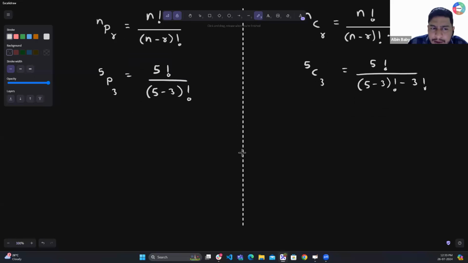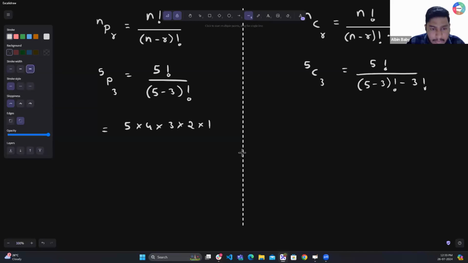So basically, what is 5 factorial, guys? Come on. That is 5 into 4 into 3 into 2 into 1. Yes or no? And what is 5 minus 3 factorial? 5 minus 3 is 2. So what will be 2 factorial?